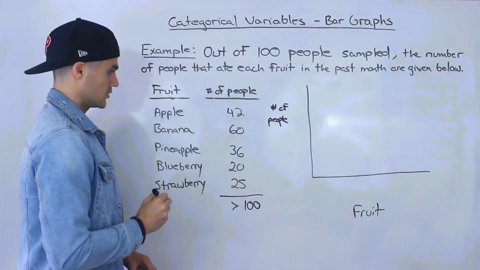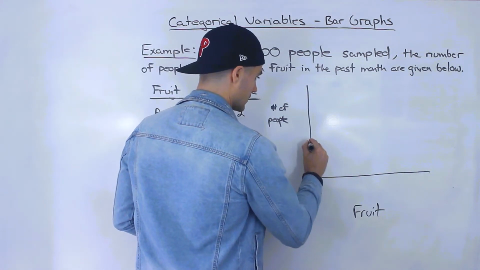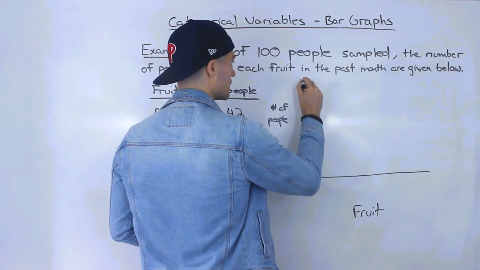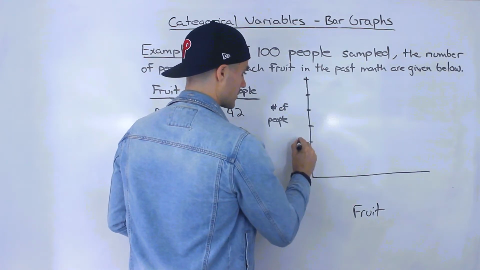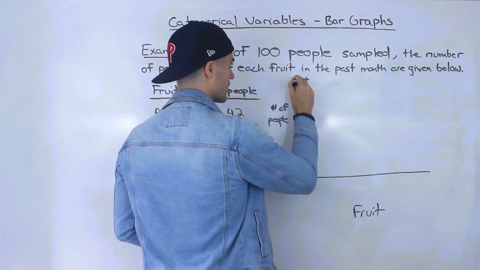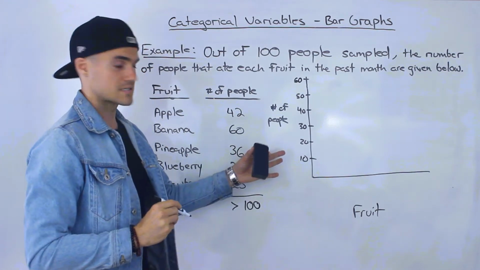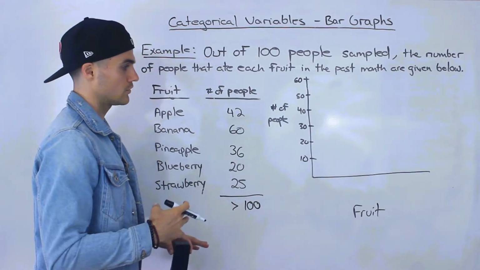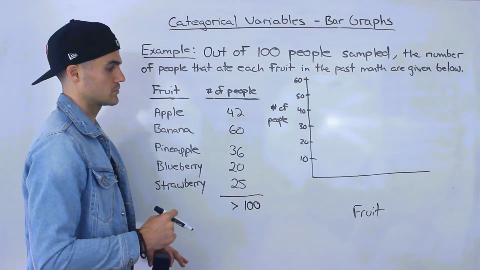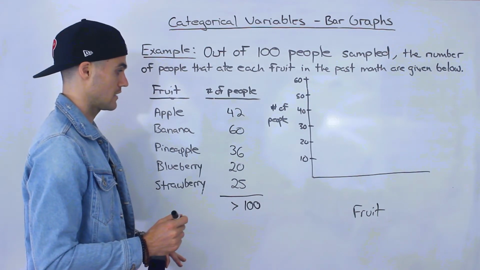The maximum value is 60, so let's go up by tens: 10, 20, 30, 40, 50, and then 60 up there. This may not necessarily be to scale in this video. I'm going to do my best, but if you want something more to scale, you could use graph paper, or you could use software, which is usually what is used, and you'll get a more accurate graph.